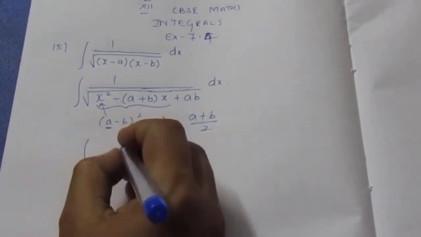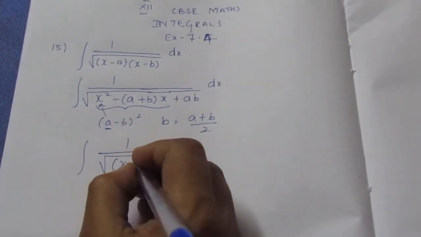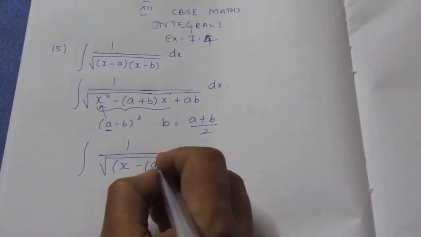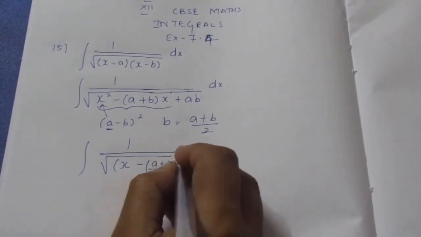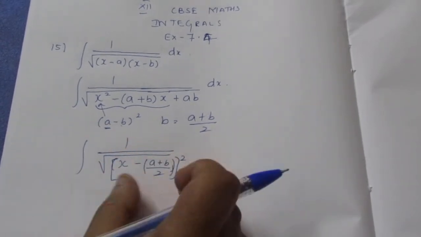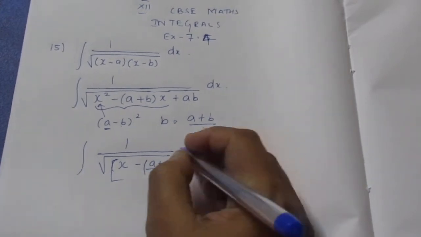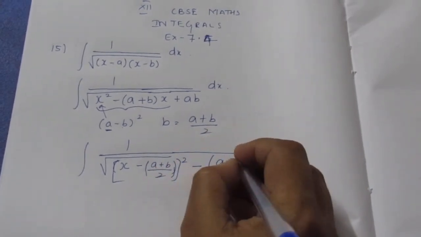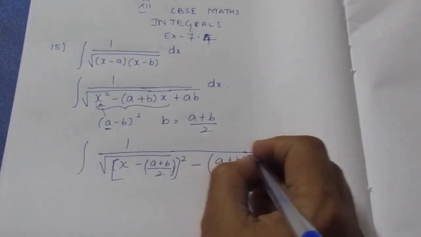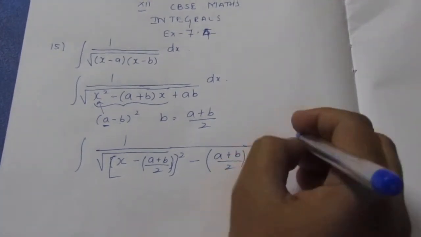So remember always, take your a to be x and for b take the x coefficient divided by 2. So now integration 1 by root of x minus (a plus b) by 2 the whole square. After writing (a minus b) whole square, minus b square is (a plus b) by 2 the whole square, plus ab, dx.